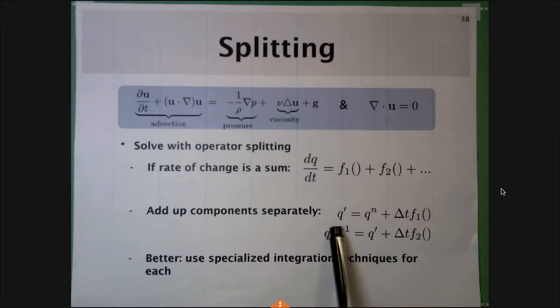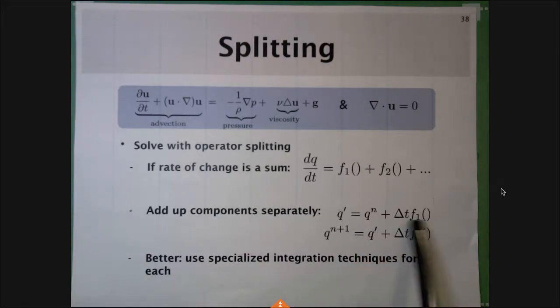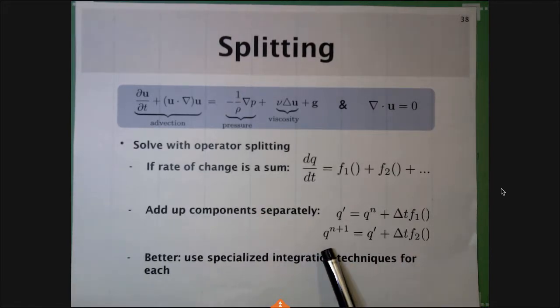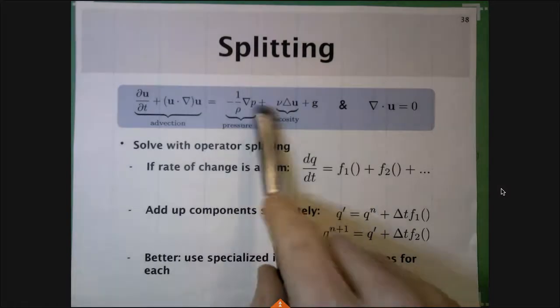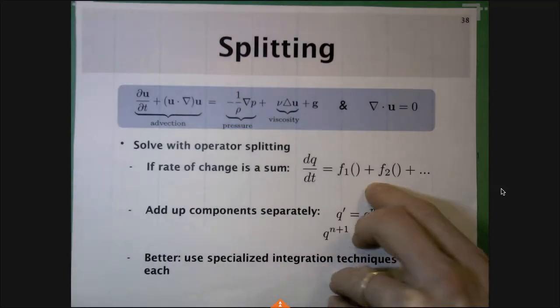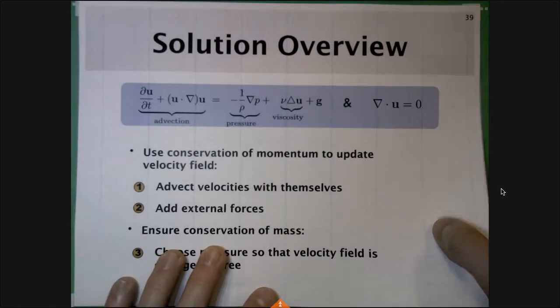So I can first integrate F1, get some intermediate value Q prime, and then integrate F2 on top of that, getting the final result. So we will use exactly this strategy when we add one of the components at a time. I guess it's a sort of obvious approach, and it works well.